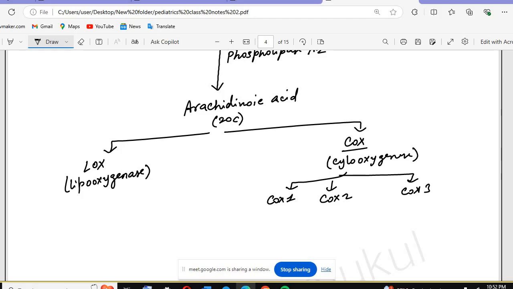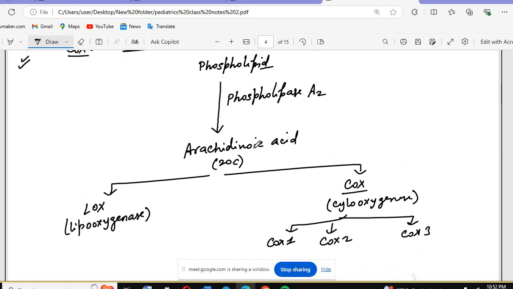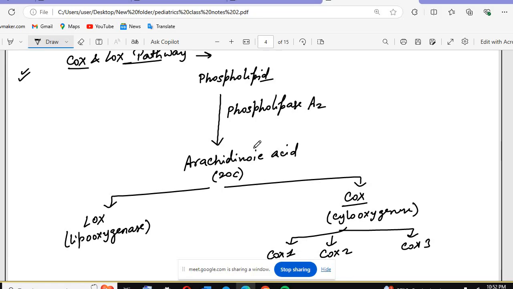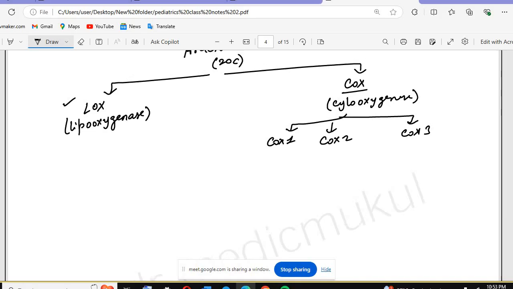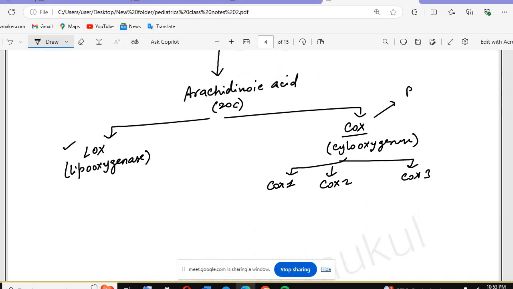Now here the phospholipid is converted into arachidonic acid, the 20 carbon compound. So there is a metabolic pathway that you have to remember. In the cyclooxygenase pathway there will be formation of prostaglandins: prostaglandin I2, thromboxane A2, PGD2, PGE2.